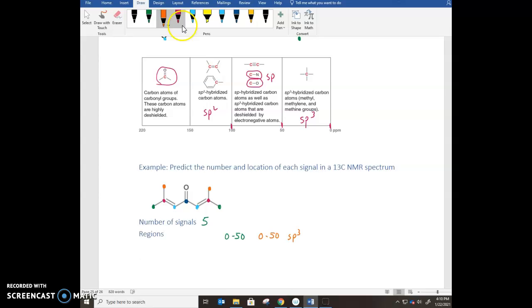The pink and the blue ones are sp2, so they're going to be between 100 and 150, and the blue one will also be between 100 and 150. I don't know if this is the best way to do this. The navy one is a carbonyl, and we'll expect it to be between 150 and 220.